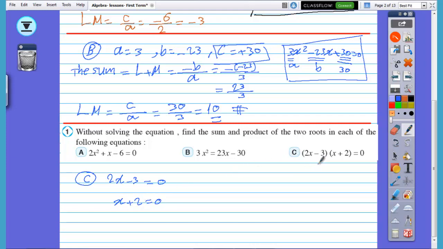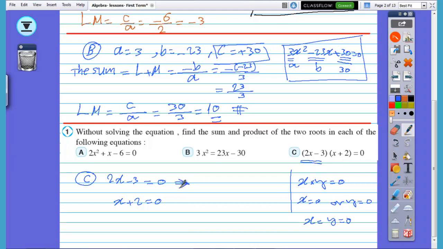Again we have 2x minus 3 multiply x plus 2 equals 0, so the first bracket equals 0 or the second bracket equals 0. As you know, if you have any two quantities, x multiply y equals 0, so x equals 0 or y equals 0 or both. So here we have 2x minus 3 equals 0 or x plus 2 equals 0.